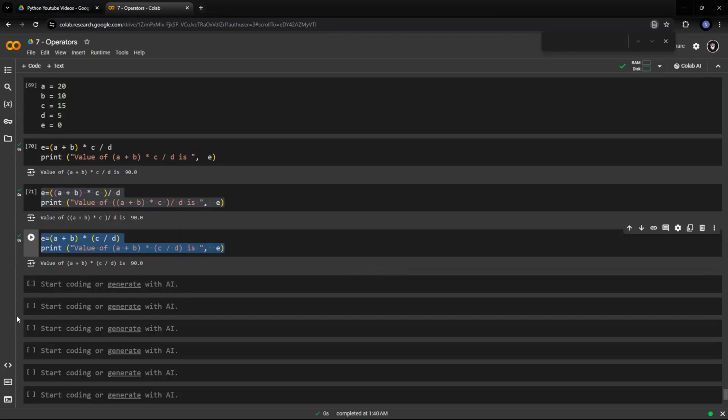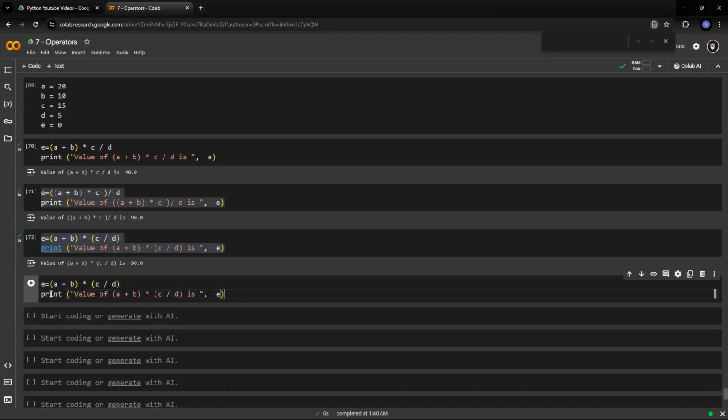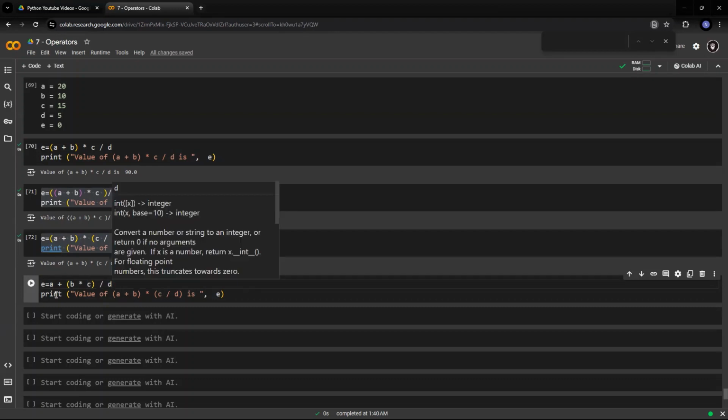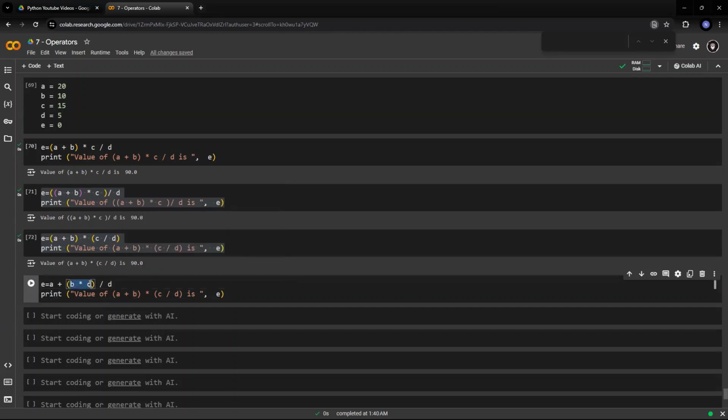Let's do it another way. Now I want to keep A aside. I want to multiply B and C first, and move the divide outside. So what will happen here is it will multiply B and C first, since it's inside the brackets. It will divide by D by order of associativity or precedence.